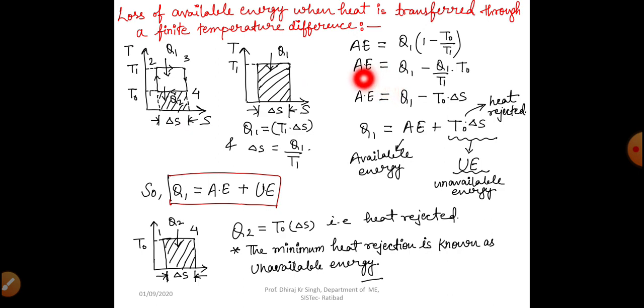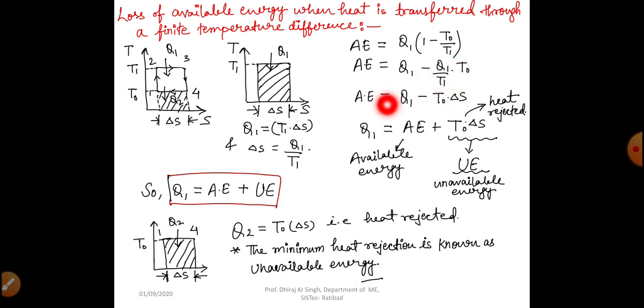If we want to find out the available energy, here we can see Q1 is the heat supplied. We are just focusing on the heat supplied. So available energy is equal to Q1 into 1 minus T0 by T1, where T0 is the surrounding temperature and T1 is our higher source temperature. So available energy will become Q1 minus Q1 by T1 times T0.